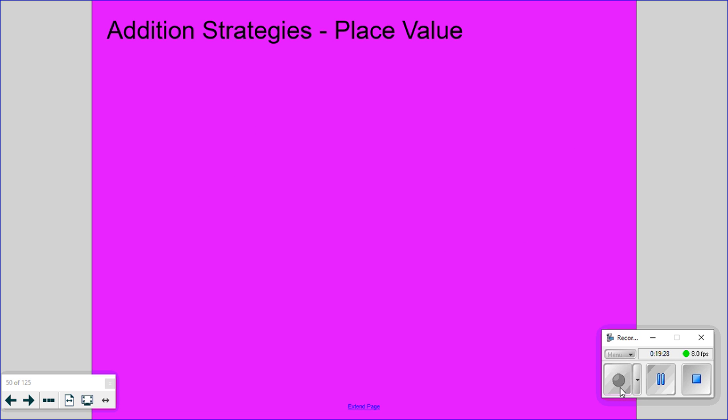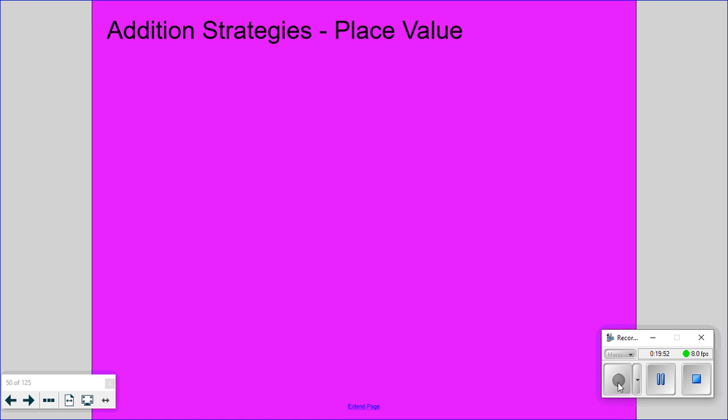This is the place value strategy. The words place value literally mean which place a number is, means it has a specific value. You know this.